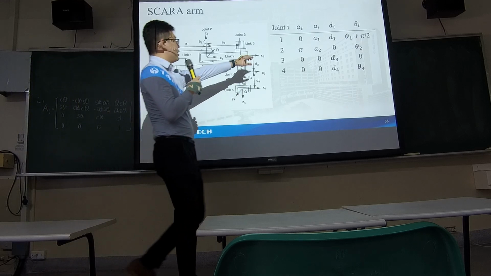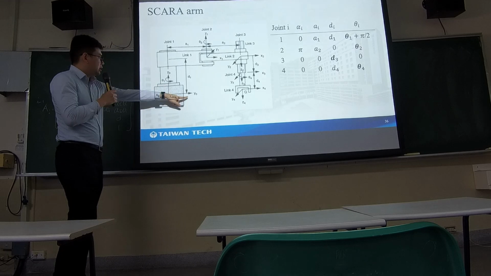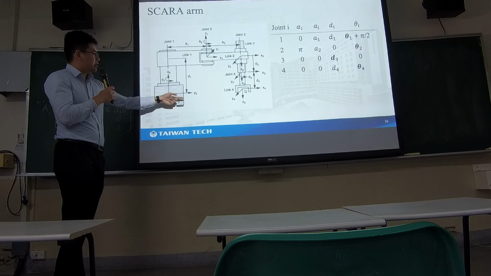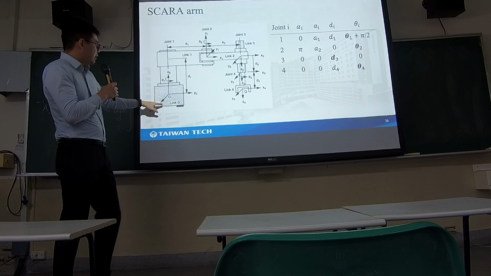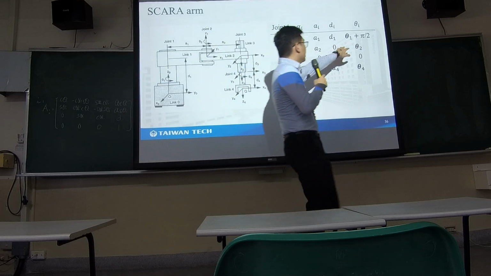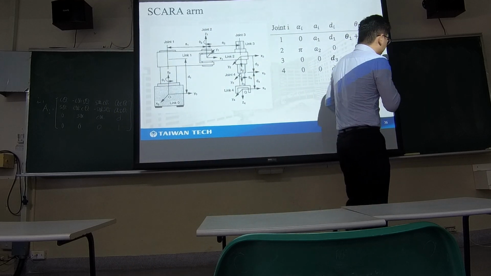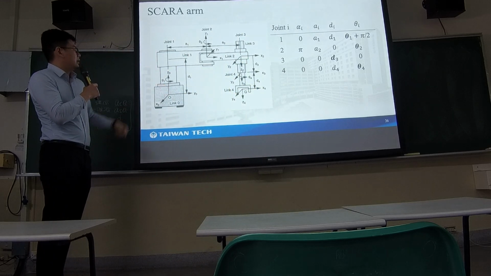So this is our DH parameters. And because our y-axis is in this direction, if the x-axis is in this direction, then we don't need this 90 degrees over the theta.